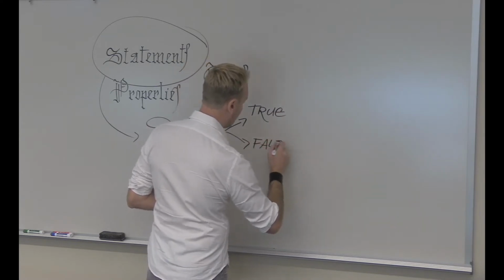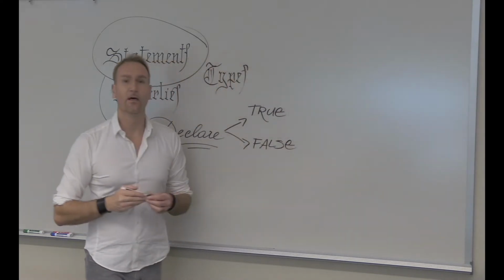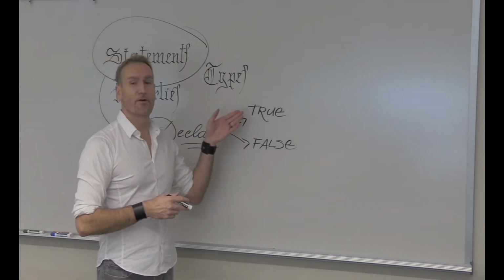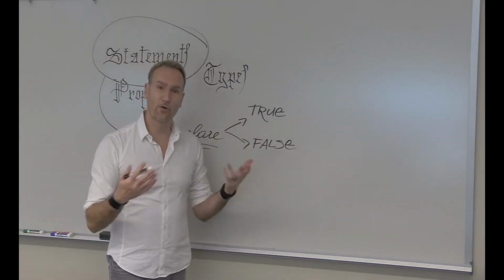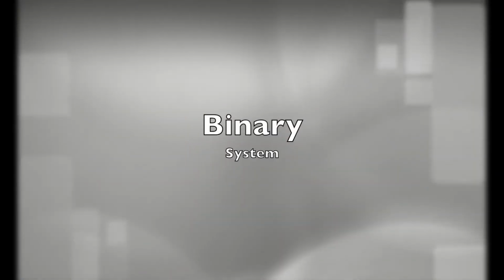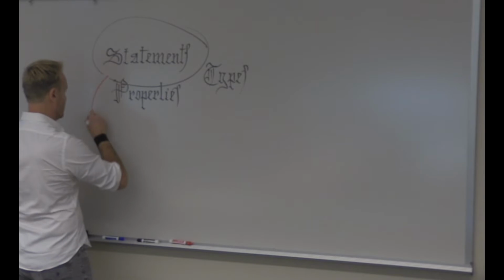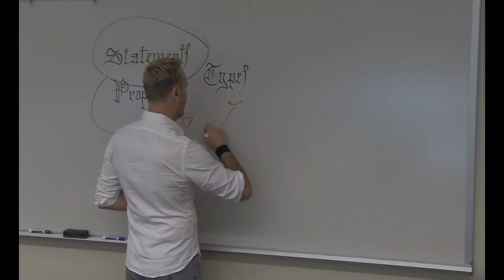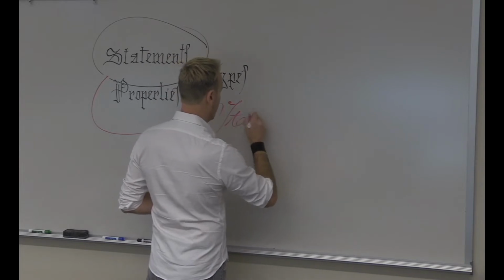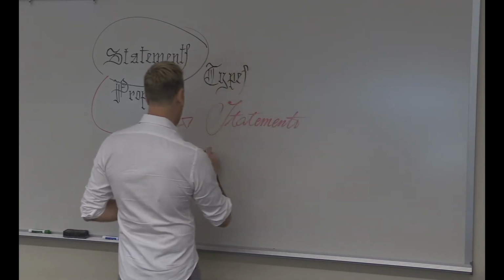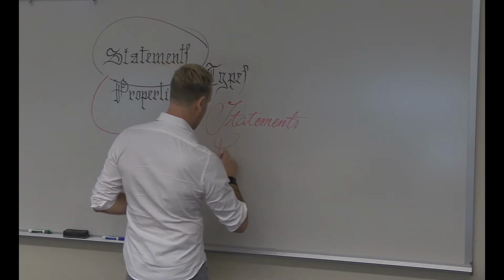Or rather, to say it better, statements can be proven to be either true or false. So again, they follow a binary system. Okay, so beyond true and false statements, we also need to clarify the fact that there are statements and there are non-statements.